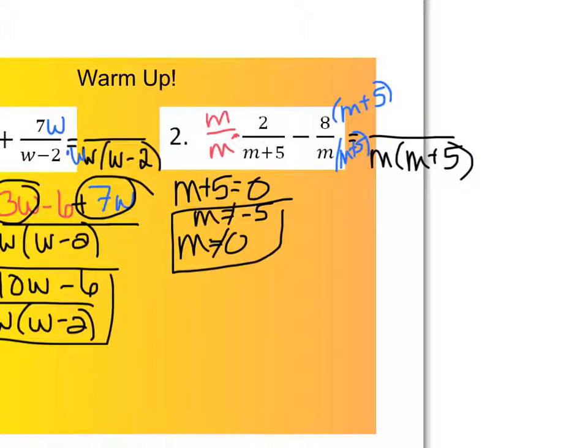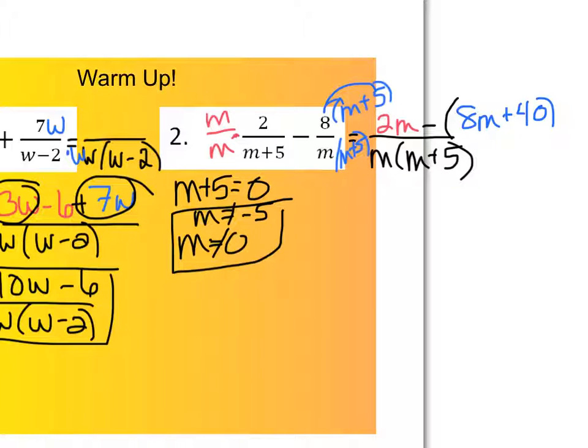So the first one is 2 times m, so that's just 2m, minus, and then remember I'm going to put this next part in parentheses. So I'm going to take the 8 and distribute it to the m plus 5, which is 8m plus 40.